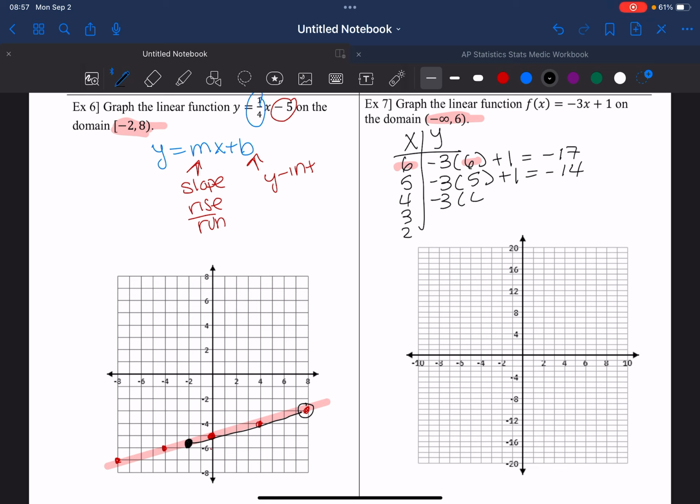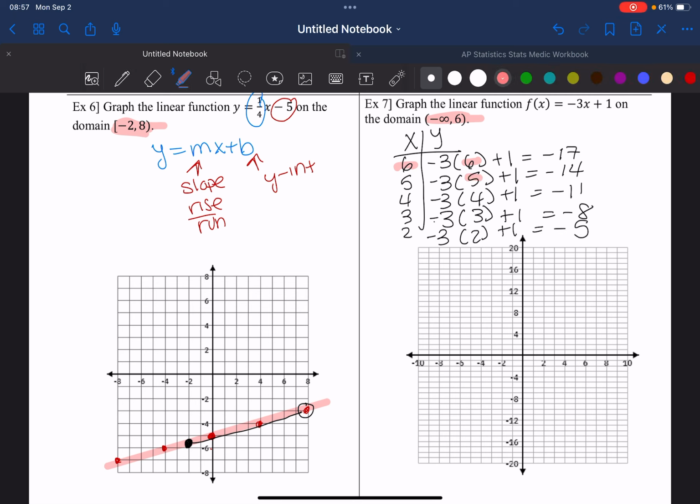Negative 3 times 4 plus 1 gives me negative 11. Negative 3 times 3 plus 1 gives me negative 8. And negative 3 times 2 plus 1 gives me negative 5. Again, I plugged in all the X values that I chose to find my corresponding Y values.